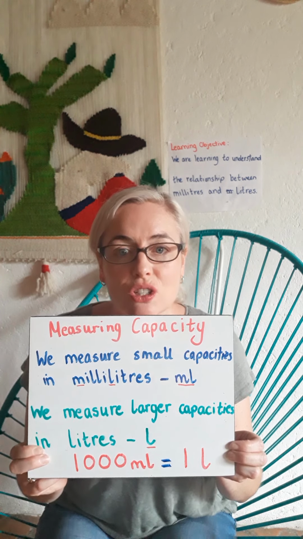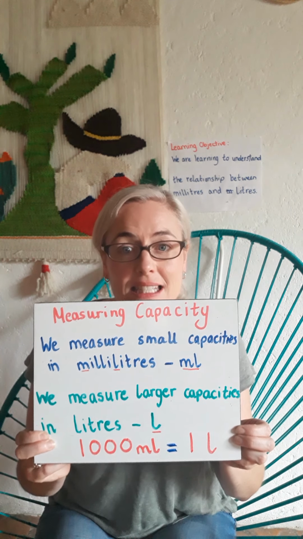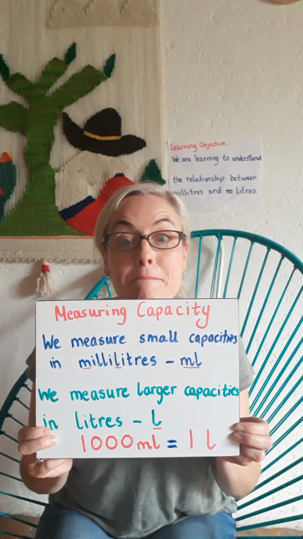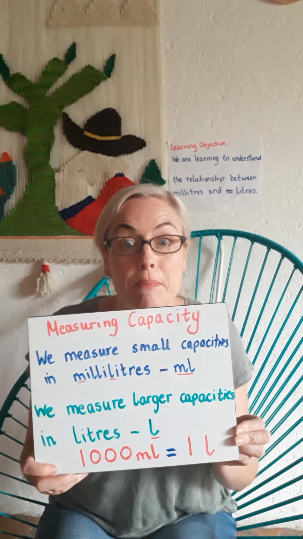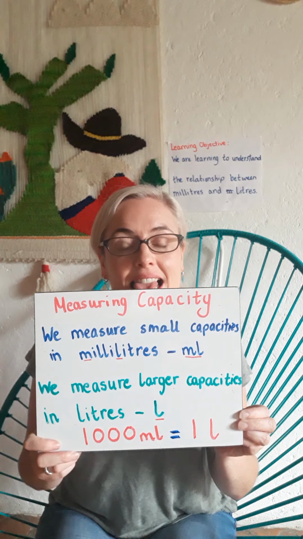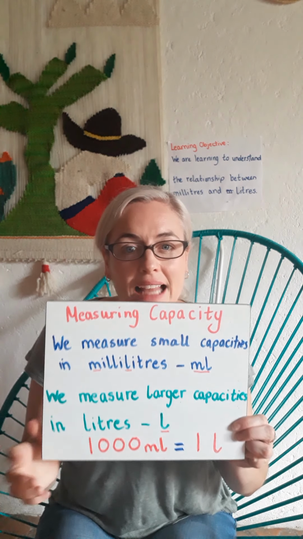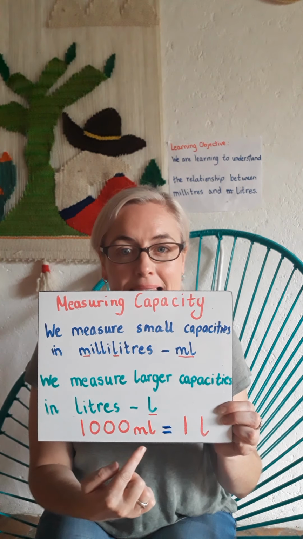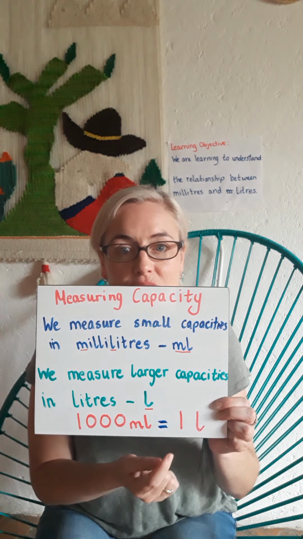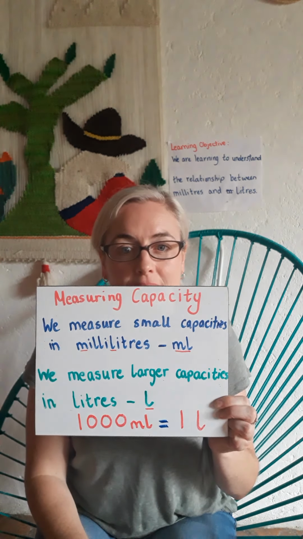We measure small capacities, small amounts in milliliters. We measure larger capacities, bigger amounts in liters. And we know that 1,000 milliliters is the same as 1 liter, okay?